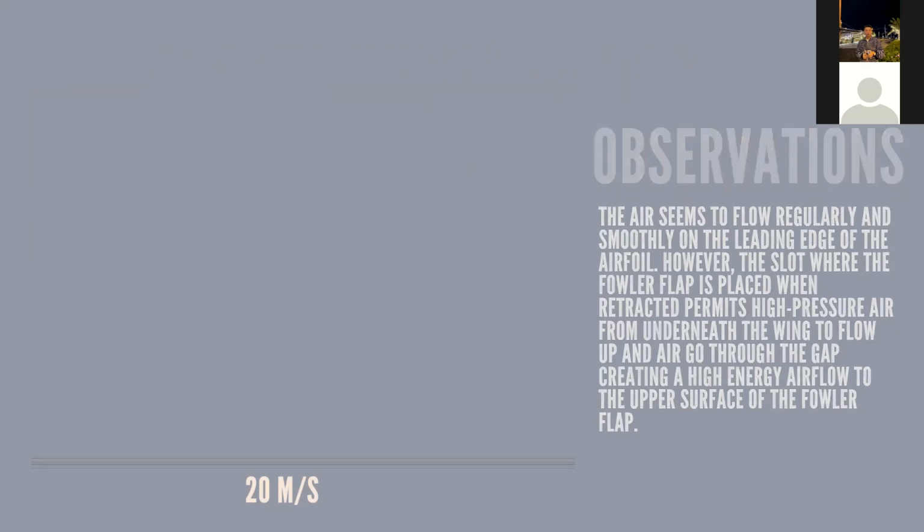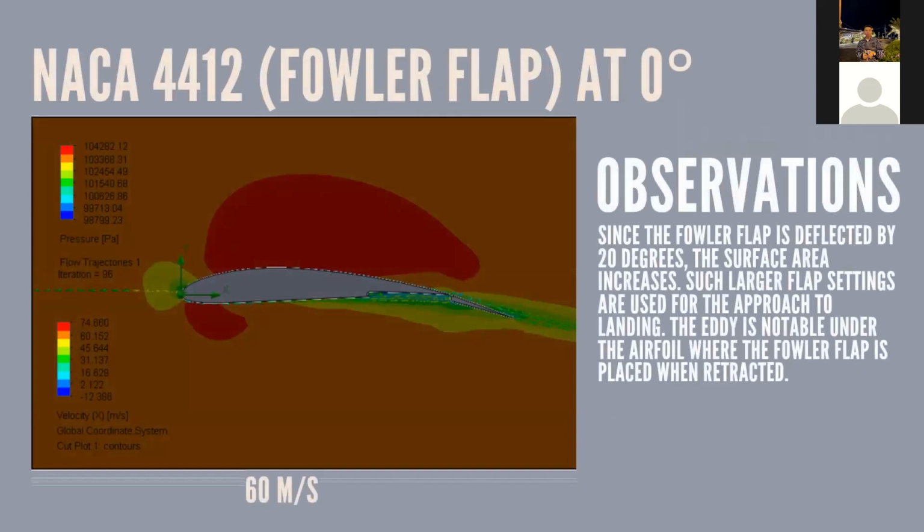Next po, observation po namin at 60 meter per second, still at 0 degree angle of attack. So since ang ating deflection ay 20 degrees, yung surface area po natin is also increased. So what does this indicate? Alam naman po natin na kapag increased po yung surface area and camber or yung curve ng wing, it will produce a greater lift.